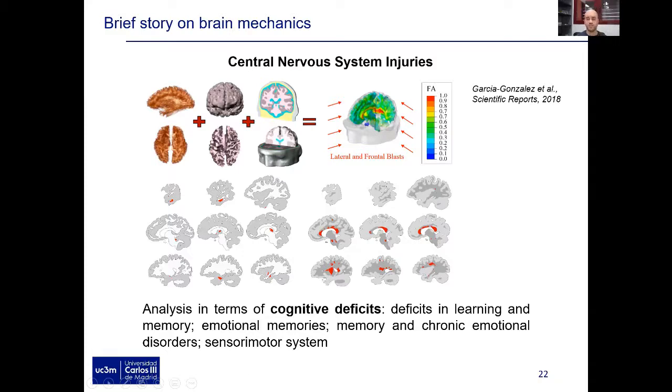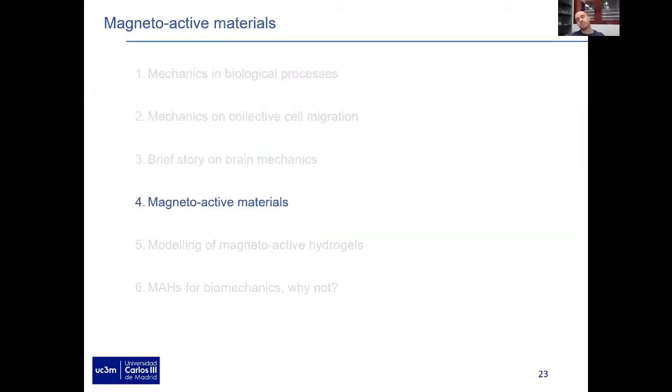So we got, a priori, good agreement with some deficits we can observe in this kind of military people. So I just wanted to present that to provide an overall view of how mechanics can affect these different biological processes and how we can develop computational models to help with experiments.